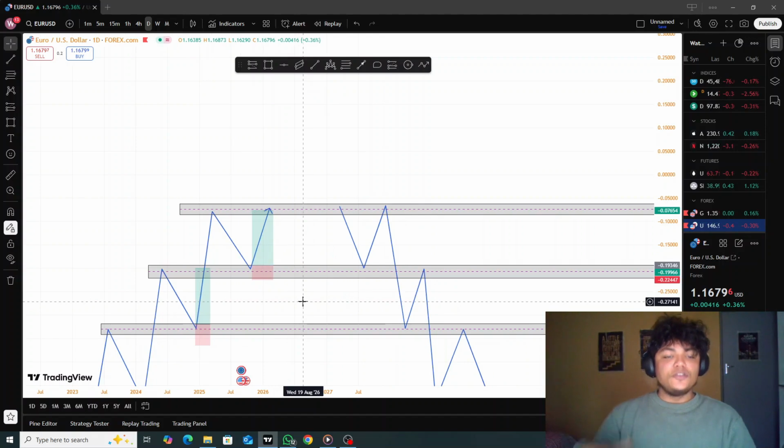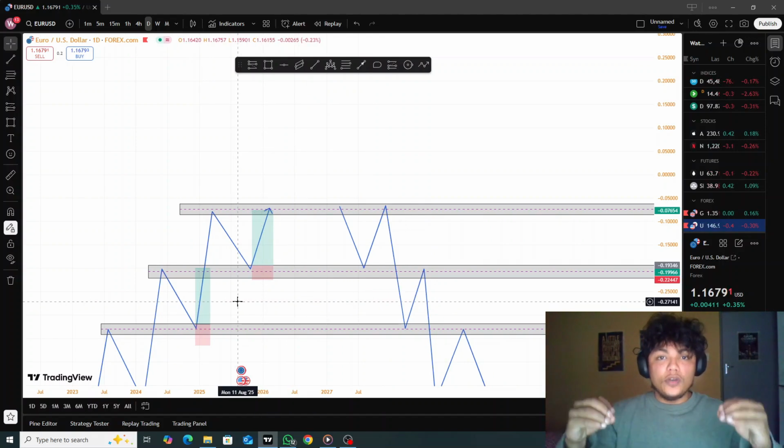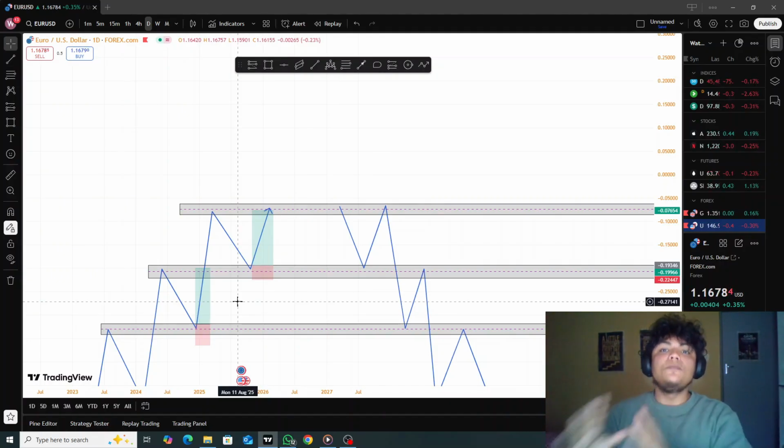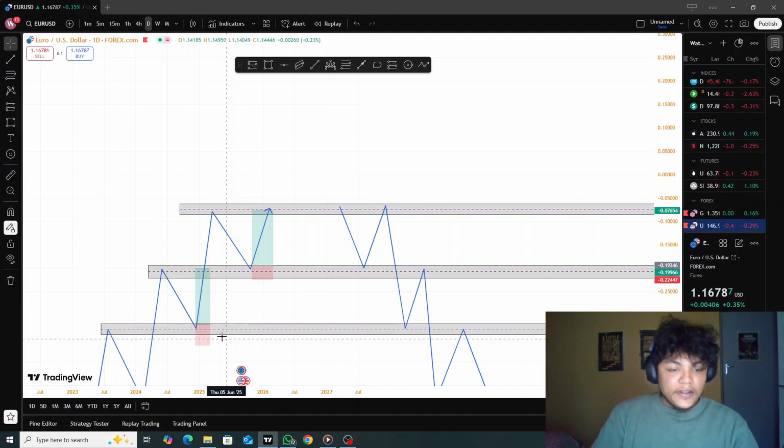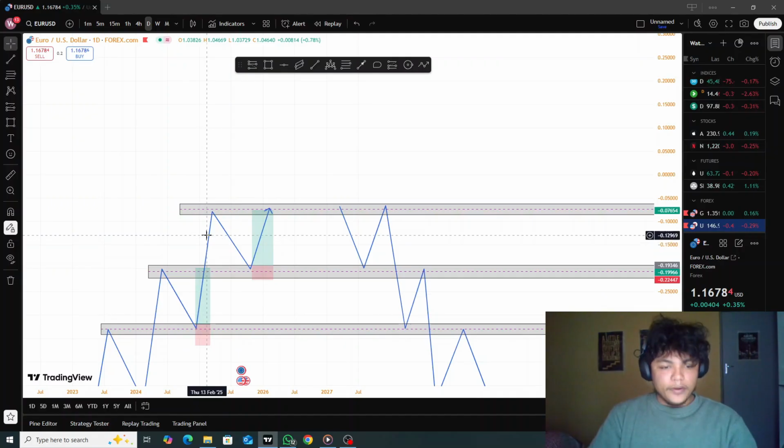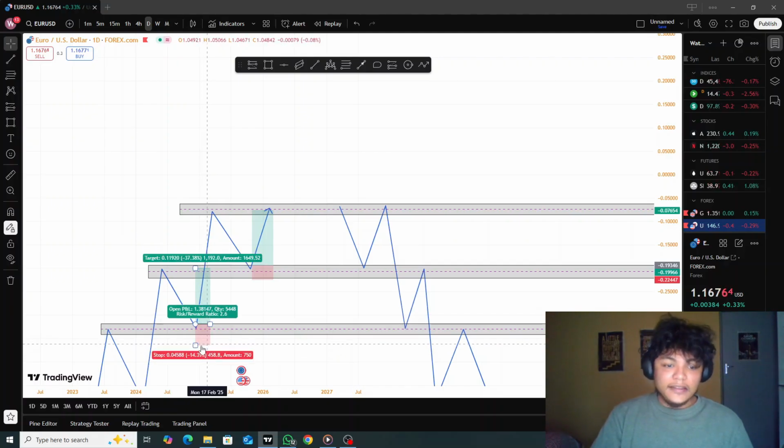Okay, so just imagine I'm targeting a 1 to 3 risk to reward ratio. That means I'm going to risk $100 in order to make $300. So I'm buying right here, and when the market shoots up in my direction, I make $300. If the market reverses and takes me out, I lose $100.